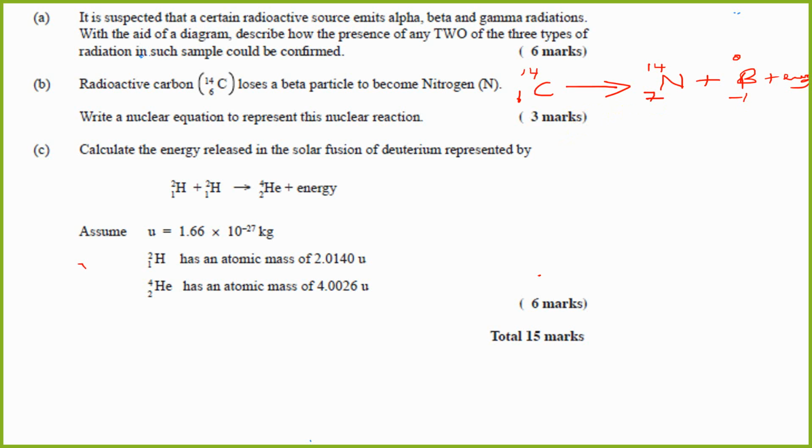Now we continue to find out the energy that is released in the solar fusion of deuterium or something of that nature, right? How we're going to treat this, we have to treat it as an equation. Now, further on in physics, if you do continue to do it, you're going to learn what we call the mass defect.